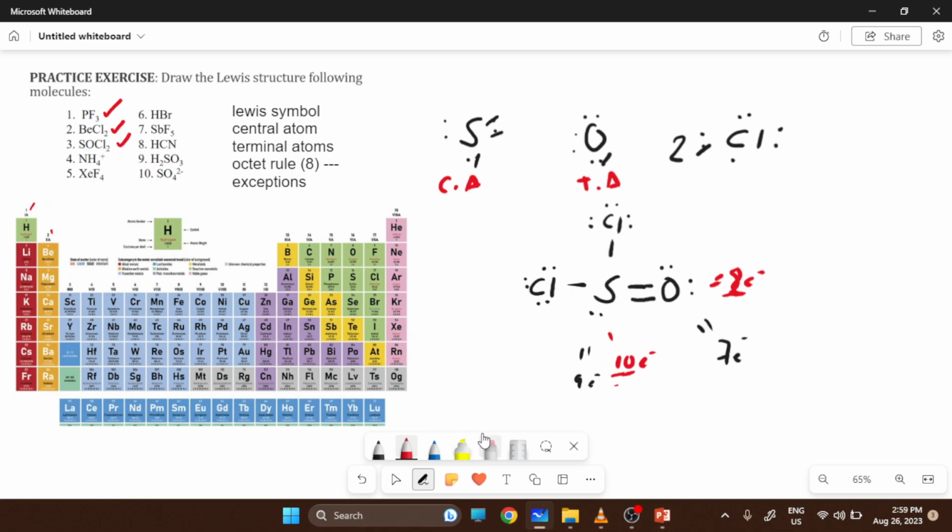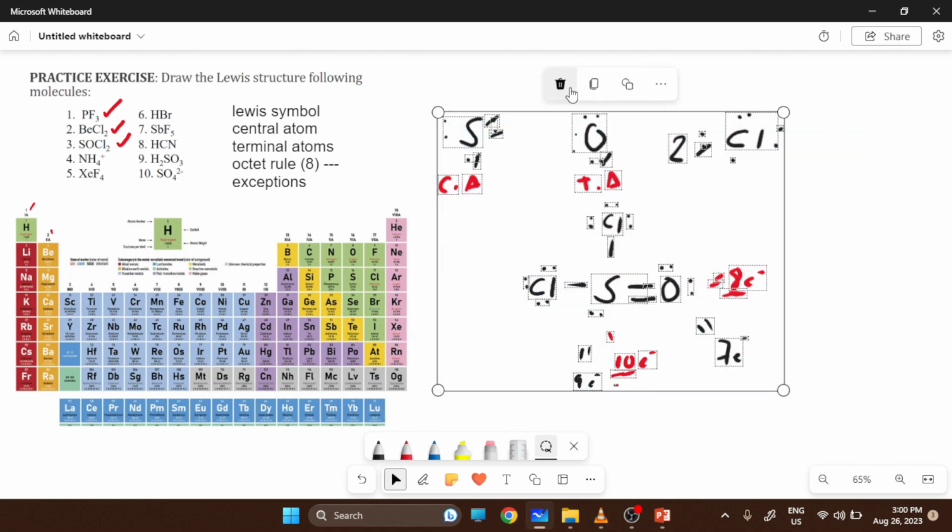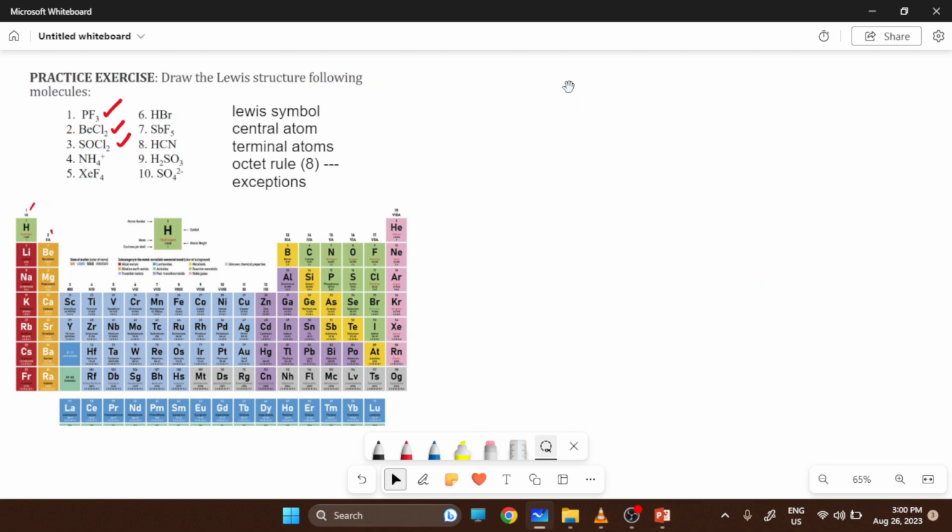Now, let's dive into number 4, which is the ammonium ion. What are the atoms involved again? For the Lewis symbol, we have N, which is group 5, so 5 Lewis dots. And then 4 hydrogens, 1 Lewis dot each because they are group 1. We have a positive charge in the ammonium.